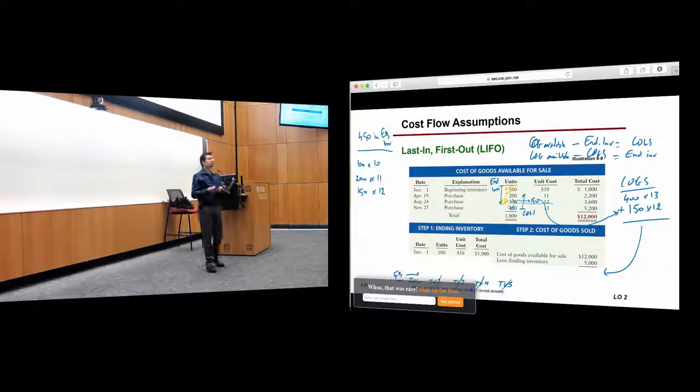Once again, when you are asked to calculate the cost of goods sold, how do you do that? You calculate ending inventory and you subtract that amount from the cost of goods available for sale.